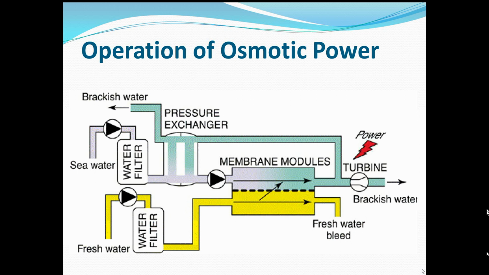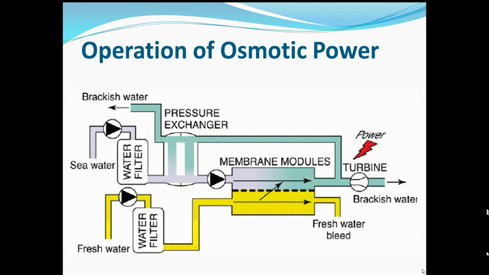This is the reason why we try to maintain the membrane modules. Nevertheless, in 7 years, these membranes have to be replaced. After the water is filtered on both sides, it is led into the membrane modules.